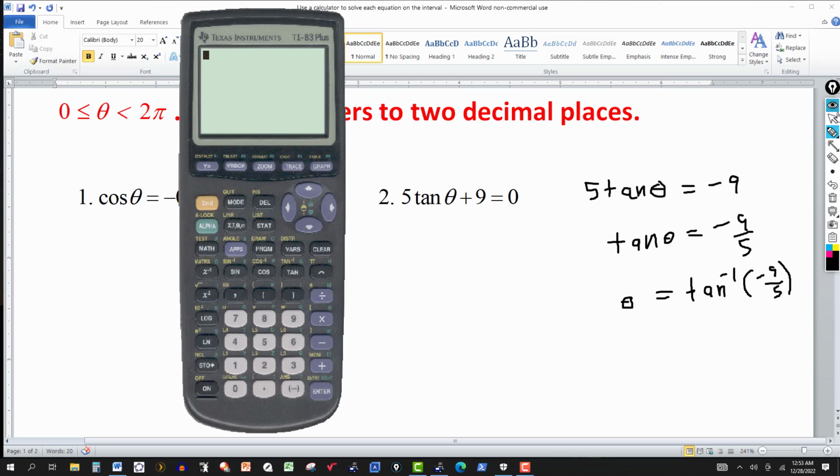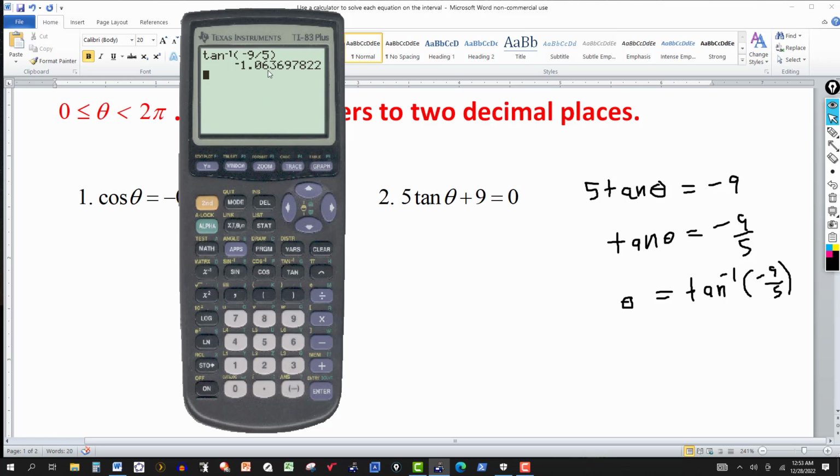We do that in the calculator. So we get second, and then tangent inverse of negative 9 divided by 5. Hit enter. And I get negative 1.06 and so forth. Okay, that angle, because it's negative, is a clockwise rotation.